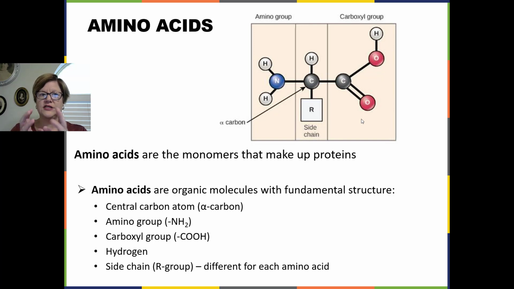Amino acids belong to the protein category. So be careful. Nucleotides make up the nucleic acids. And I know it has the word acid, but amino acids make up the proteins. So make a point to keep that straight. Okay, because that's very fundamental.